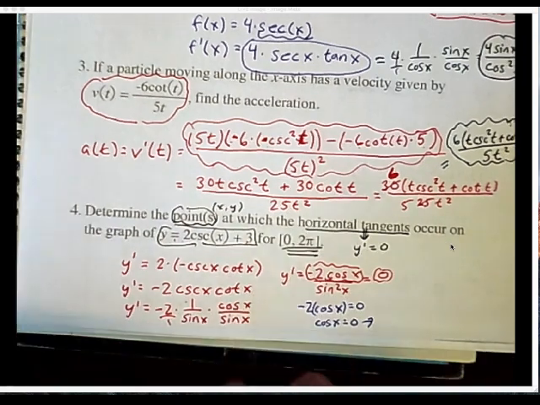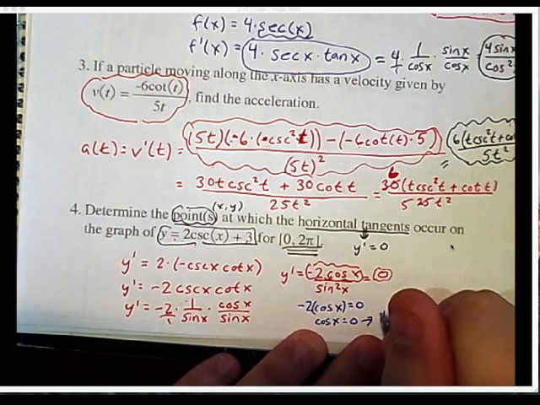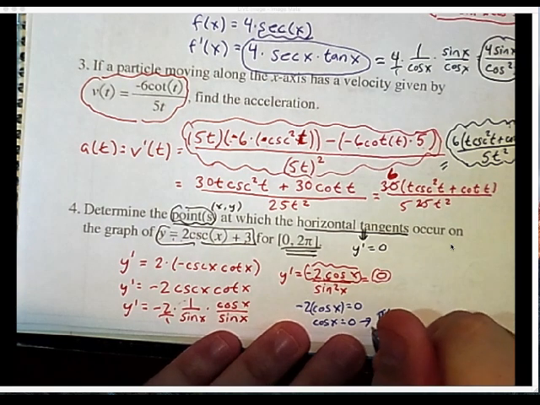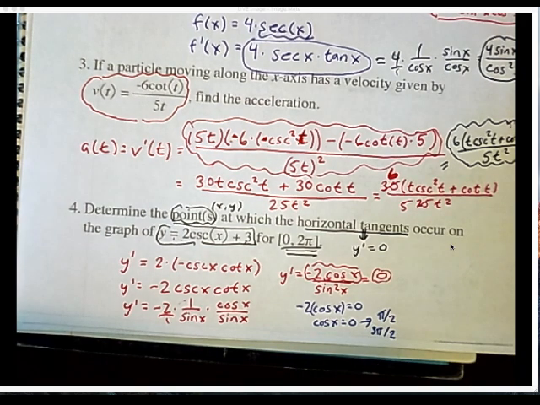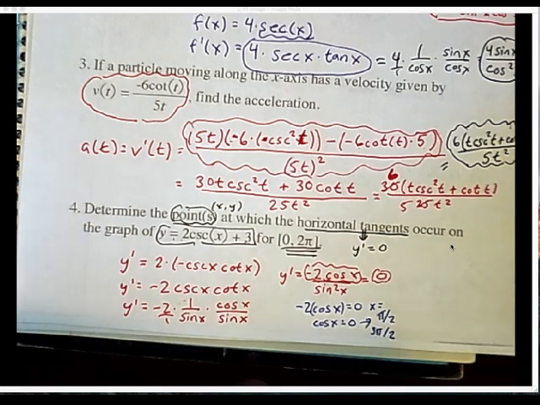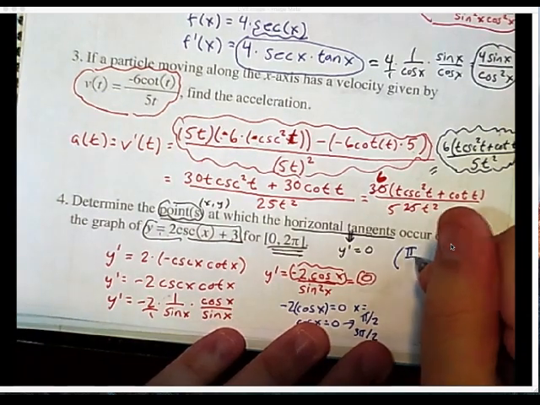Think about the unit circle. Cosine equals 0 at 90 degrees, which we write as pi over 2 radians. And it also happens at 270 degrees, which is 3 pi over 2 radians. So these are the values of x where there's going to be a horizontal tangent. So I found the x values.